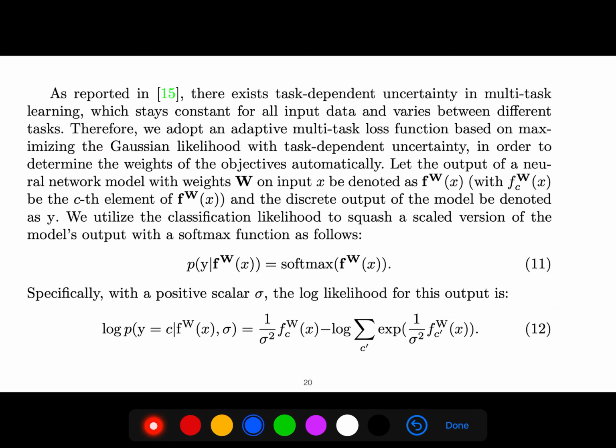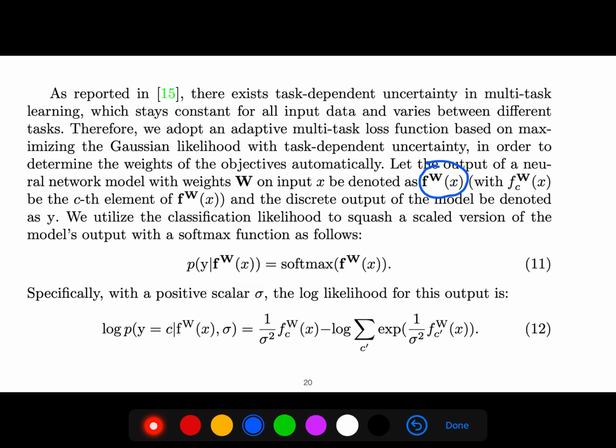So we adopt an adaptive multitask loss function based on maximizing the Gaussian likelihood with task-dependent uncertainty in order to determine the weights of the objectives automatically. Let the output of the neural network model with weights W and input X be this one, and the discrete output of the model be Y. We utilize the classification likelihood to squash a scaled version of the model's output with a softmax.